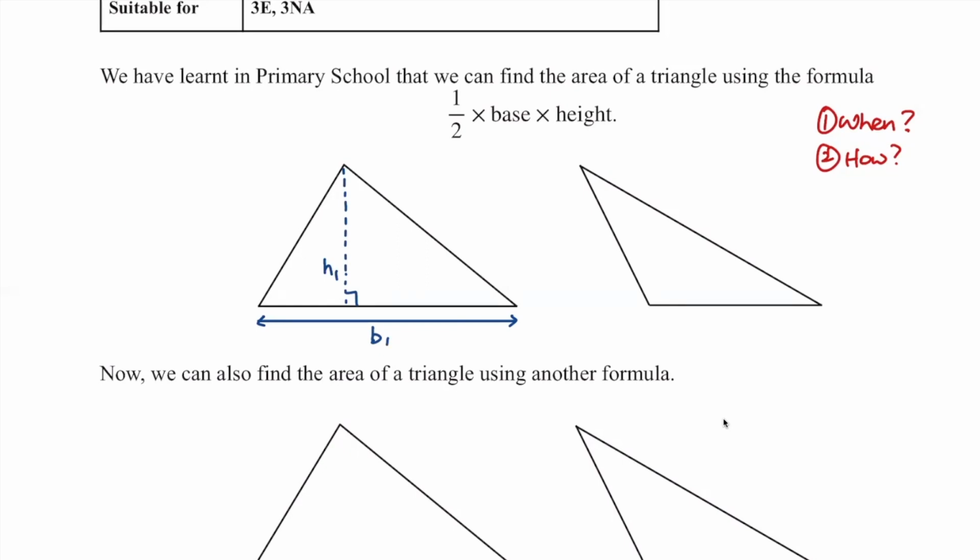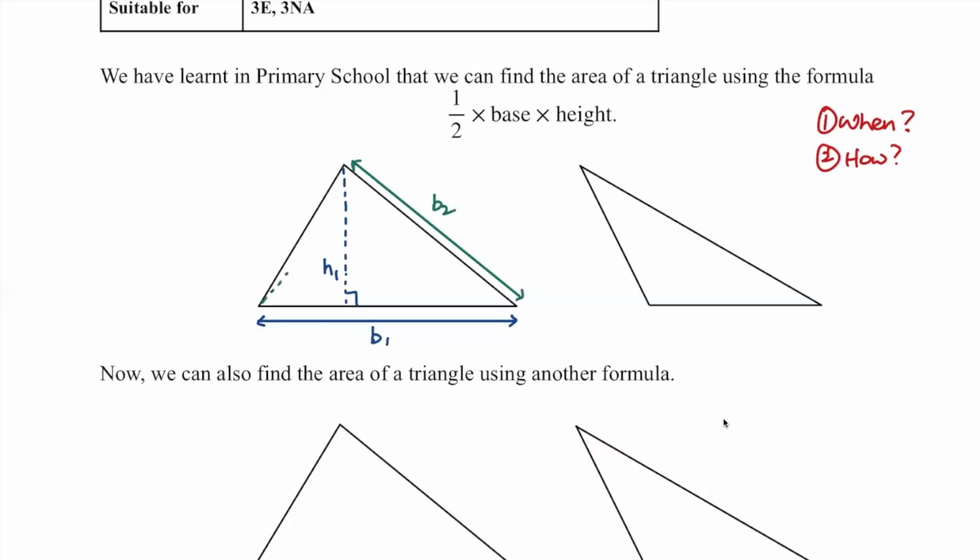Now, however, you don't have to always choose that as your base. You can, for example, choose this particular side as the base. If I choose that as my base, then you need to find what is the height.